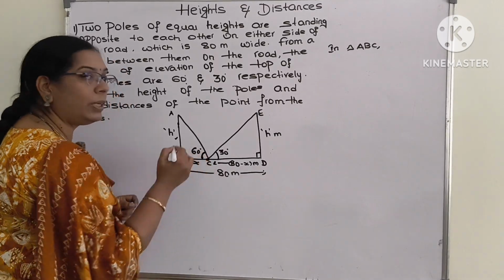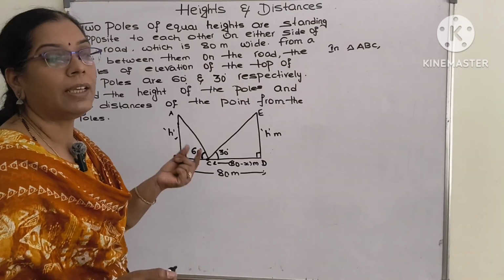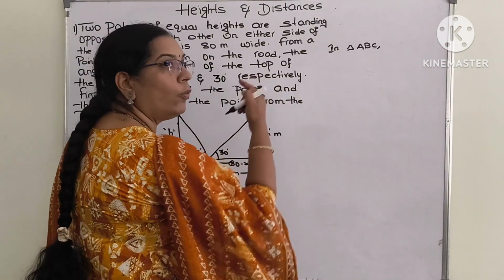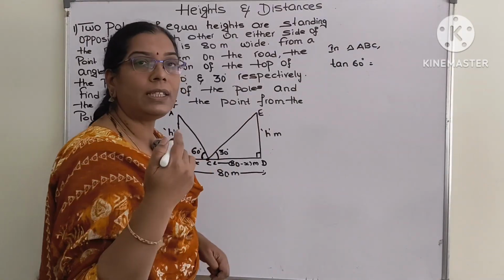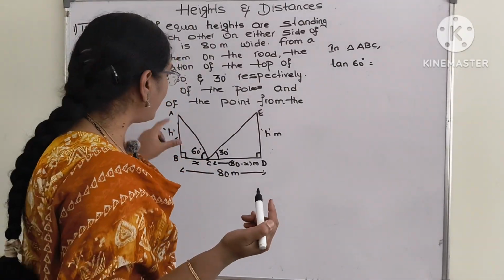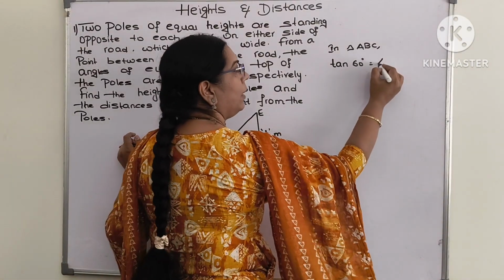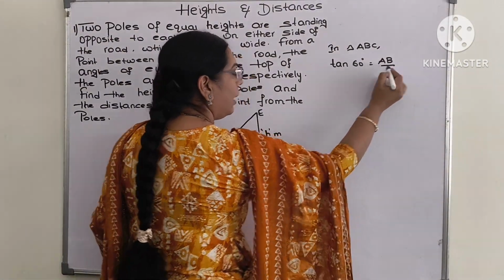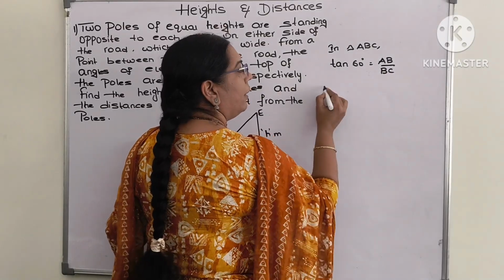So, which is the trigonometrical ratio which binds opposite and adjacent? Yes, it is tan. So tan theta is opposite by adjacent. What is opposite? It is AB by adjacent BC.